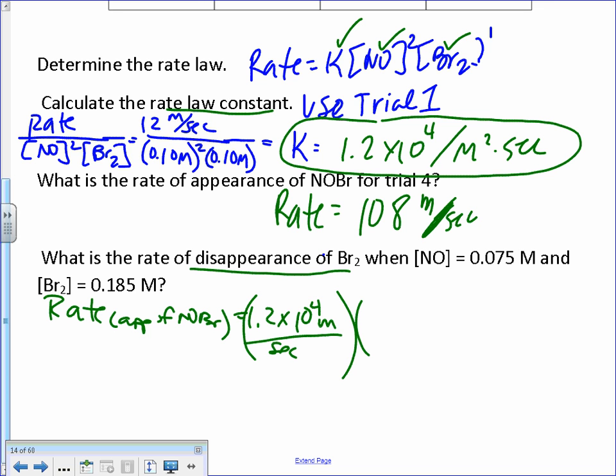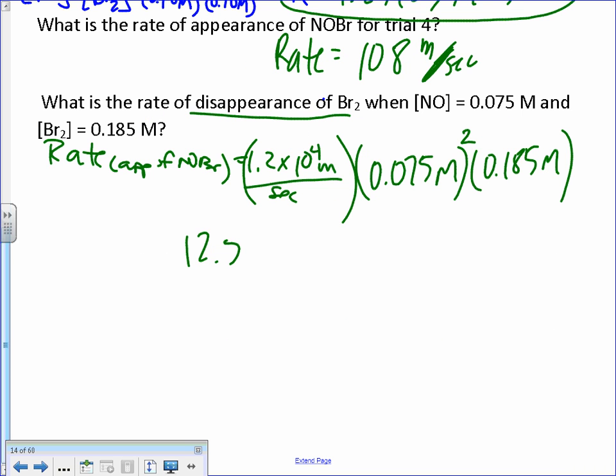And then I would just plug in the values for the nitrogen monoxide squared, and then the bromine, is that one squared? Yeah, and then the bromine 0.185 molar. So then what is this rate? Anybody got me? 12.5 molar per second, right? Okay, so that's the rate of appearance of that product.